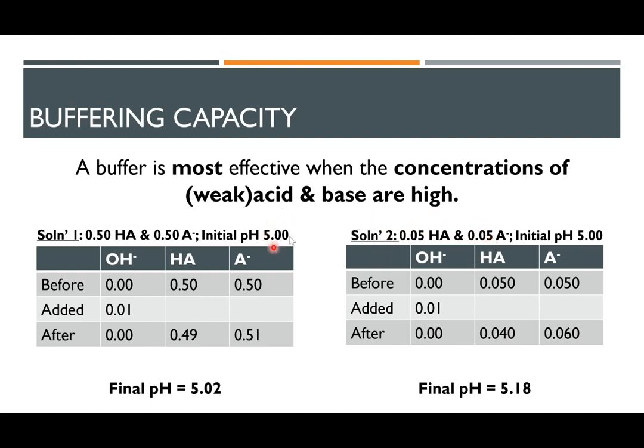So in these two solutions, the difference is we've got a higher concentration, lower concentration. We're going to add the same amount of strong base. And what we see is that the pH difference is pretty dramatic. With the higher concentration, we see a smaller change. With the lower concentration, we see a bigger change. So most effective if the concentrations are high or higher.